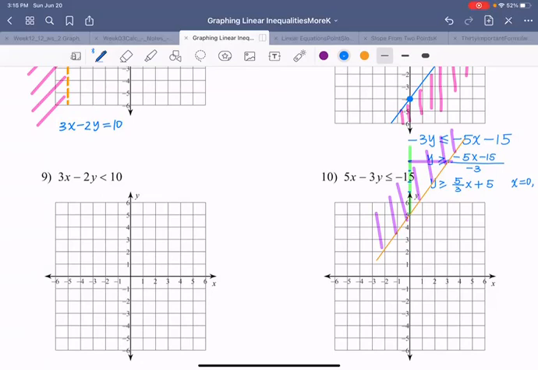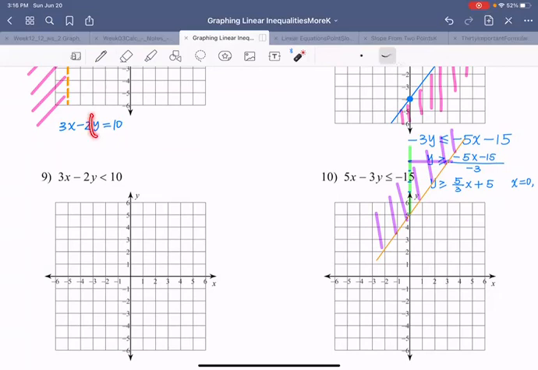Go ahead. -2y equals -3x plus 10. Yes. You want to solve this one.